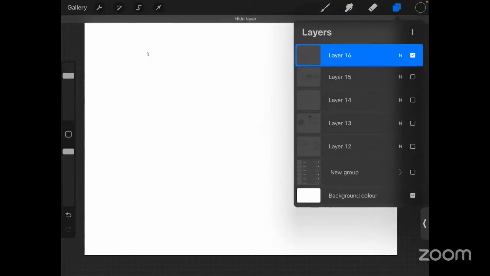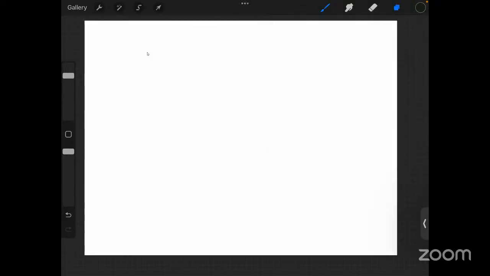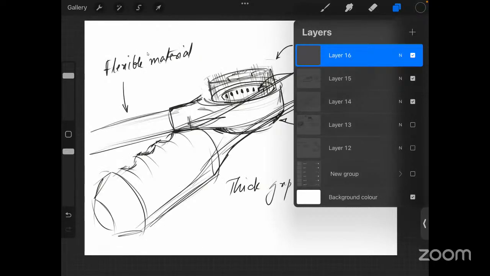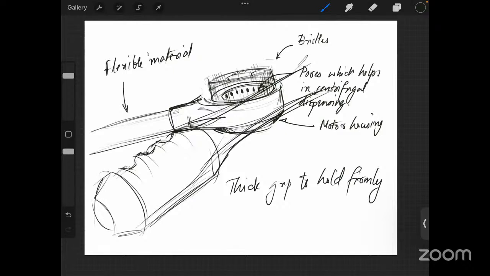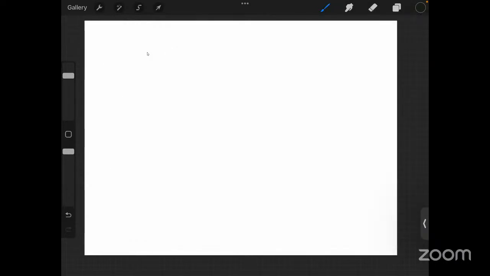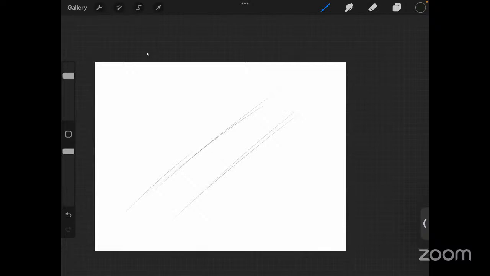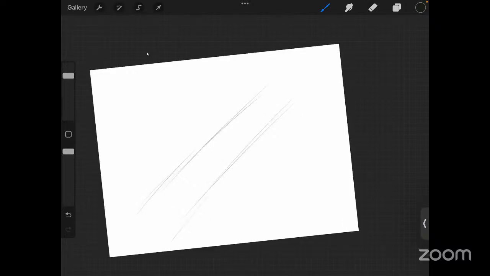Cool. Now I think I've got a good idea to move forward with. A thick grip to hold it, and then obviously the head part. I'm just taking that and sketching it over here.